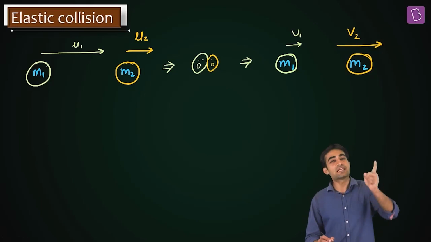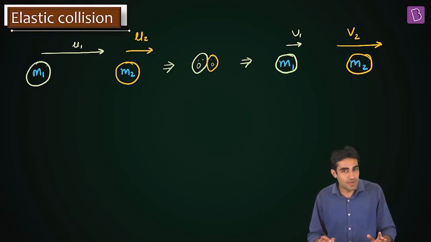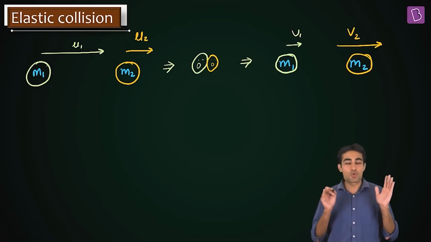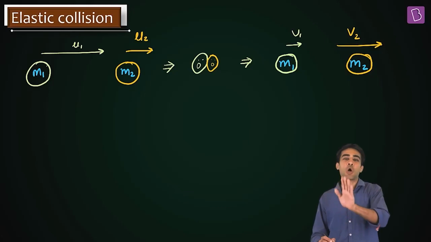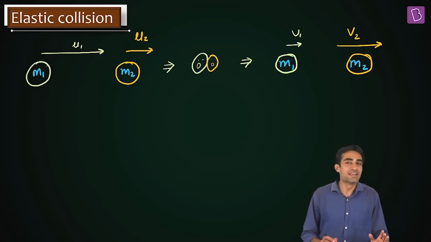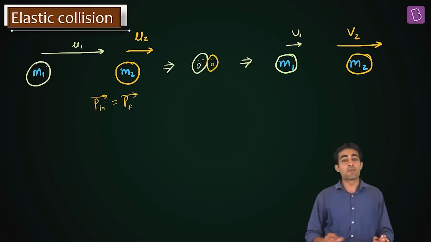The first equation is from the conservation of linear momentum. Why is the linear momentum conserved? Because in these collisions, only the internal forces are involved and there is no net external force on this system. We can conserve the linear momentum. So, initial momentum P initial is equal to final momentum P final. What is the initial momentum in our case?